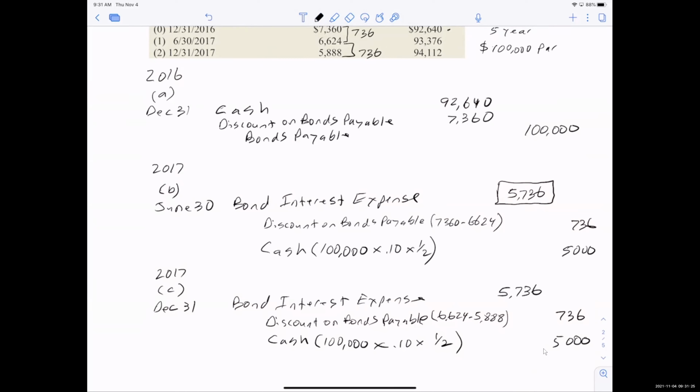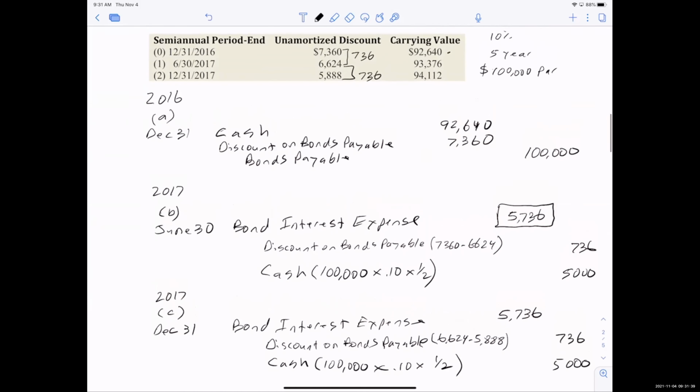But wait, we have to allocate part of our discount on the bonds, right? So normally what I would do, this is how I would do it, but this is not how they're going to have you do it. I would just take that 7,360, which is the full amount.